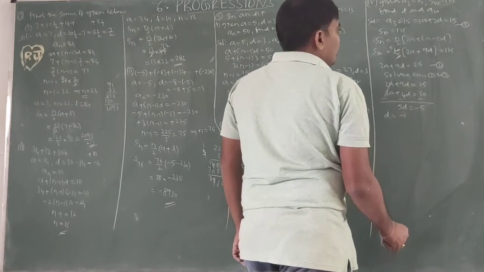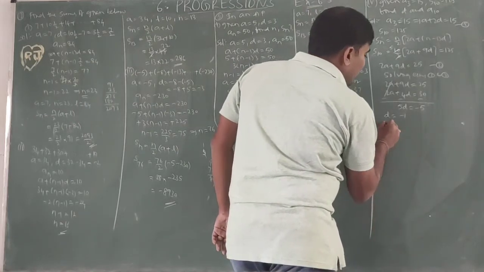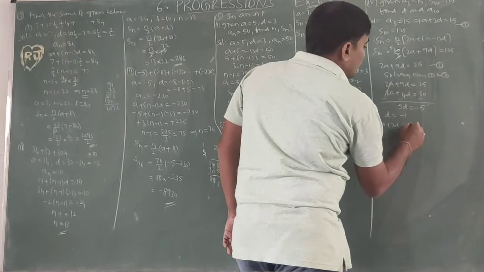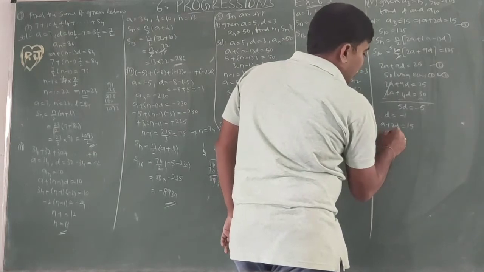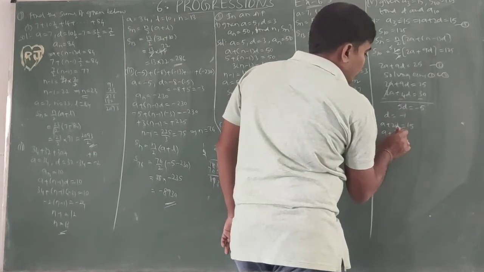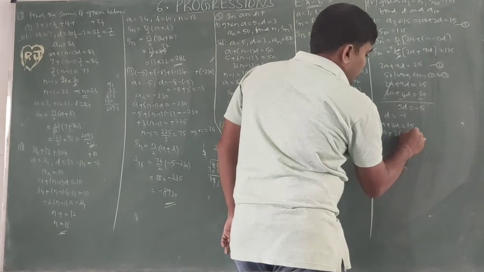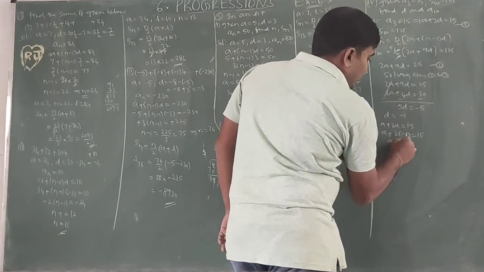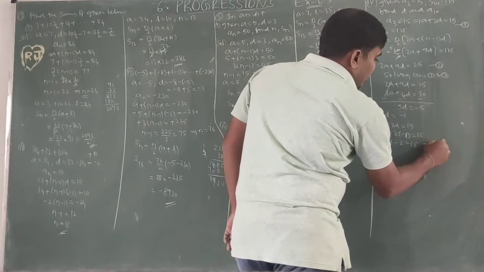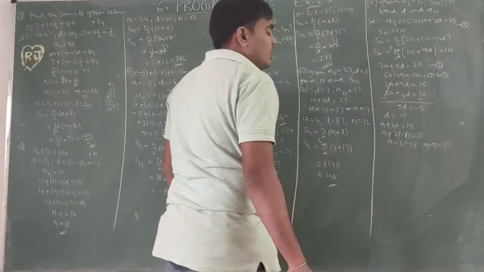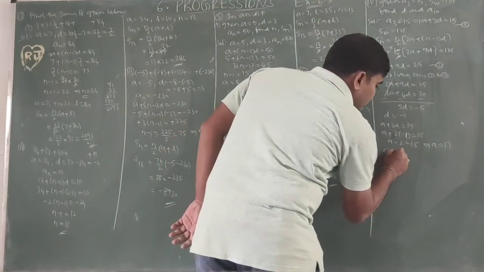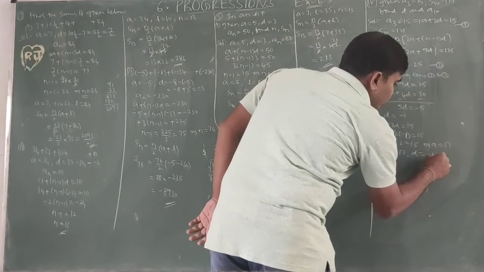And we don't know A. So A plus 2D equal to 15. A plus 2 into minus 1 equal to 15. A minus 2 equal to 15. A equal to 17. A value 17, D value minus 1.